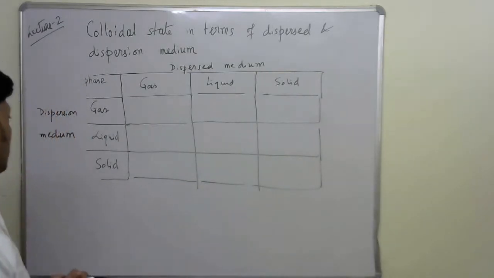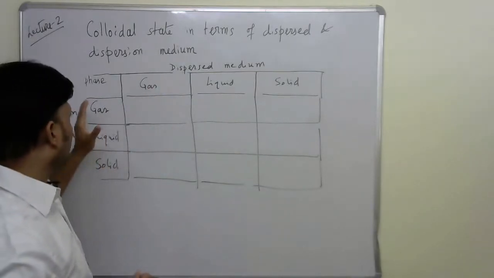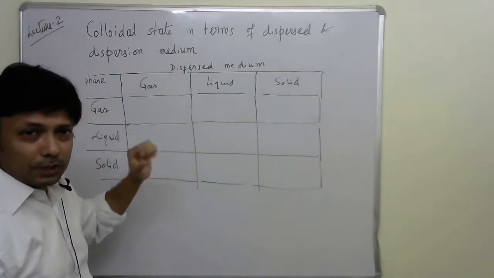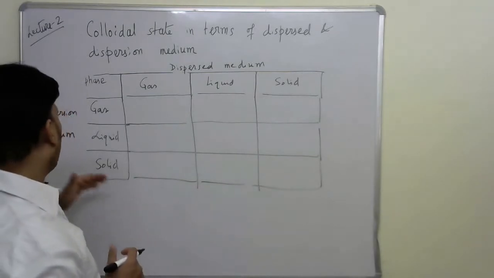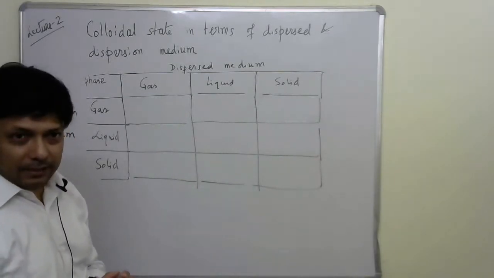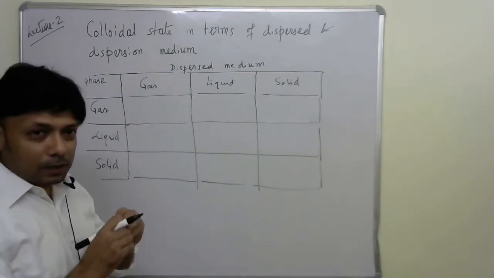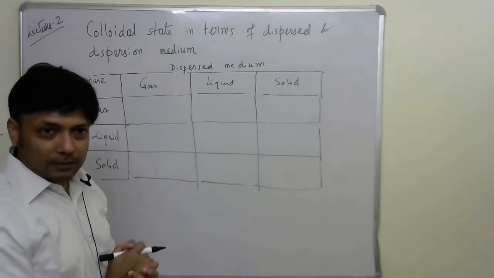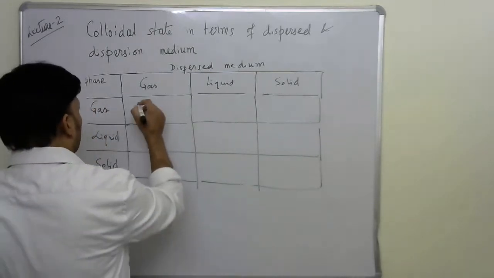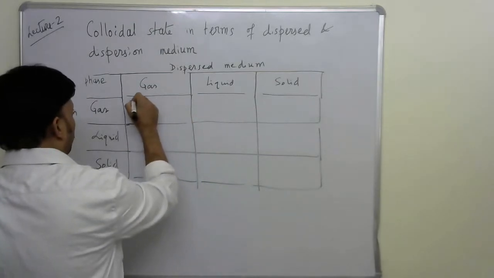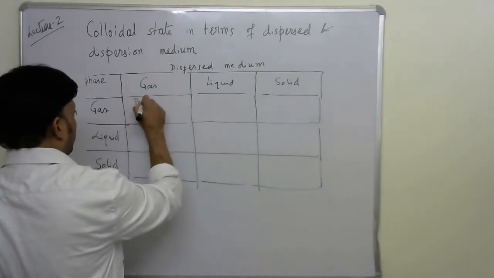Okay, so let's start with gas and gas. The dispersed medium is gas and the dispersion medium is gas. Any gas is completely miscible with other gas. So we have here a perfect solution.